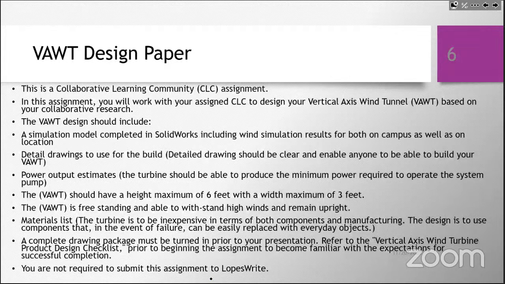Your vault design should include a simulation in SolidWorks, so you want to do some airflow simulations, right? For on campus as well as on location. You need detailed drawings as if you were going to give this to a machine shop to make it. You need to estimate your power output. Power equals torque times omega.